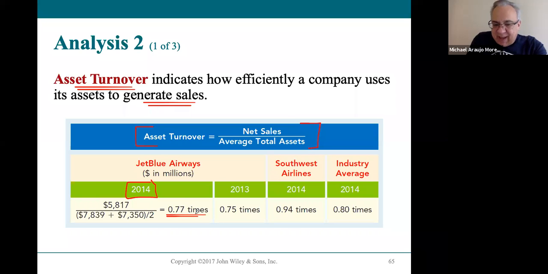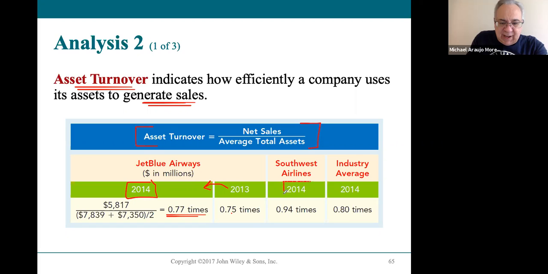One way to interpret that is they generated about 77 cents of sales for every dollar in average total assets. Okay, that's good. Clearly that went up from the previous year, so they're doing better. You see their assets are being utilized more efficiently because they're generating more sales.